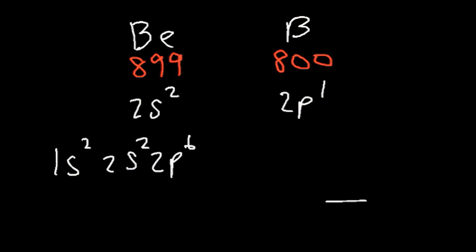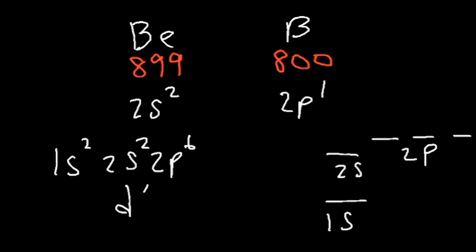But if you draw the orbital diagram energy levels, it looks like this. So 2p is higher in energy, which means that it's further away from the nucleus. And as we mentioned before, if you increase the distance between the electrons and the nucleus, on average, the ionization energy tends to decrease. And so that's why we see a slight drop as we go from Be to boron.